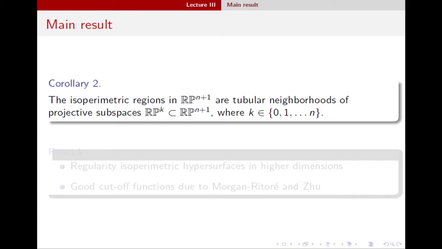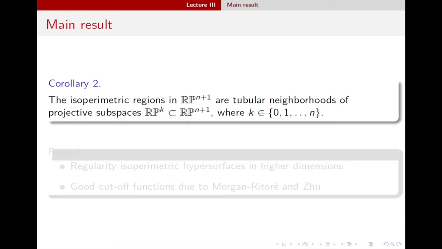They are just boundaries of tubular neighborhoods of projective subspaces RPk inside RPn+1. For example, when k is 0, that corresponds to a tubular neighborhood about a point, which are the familiar geodesic balls.